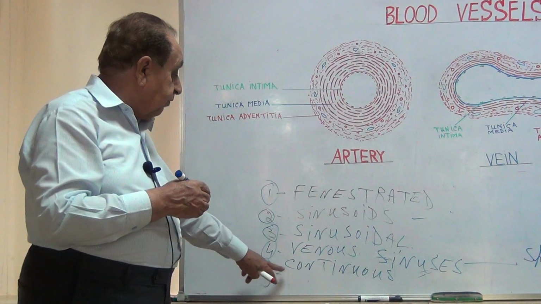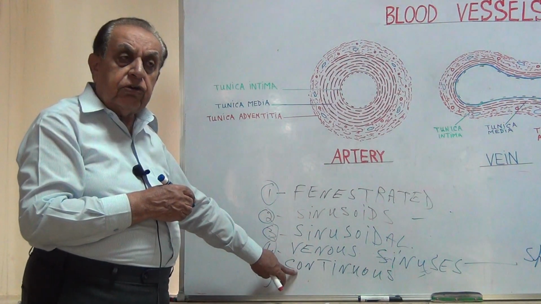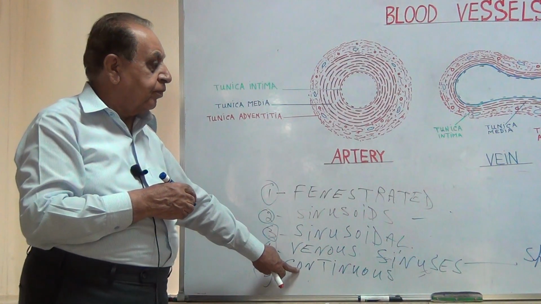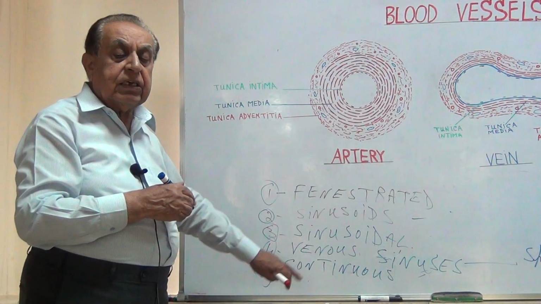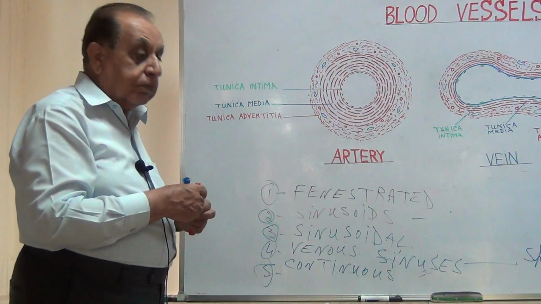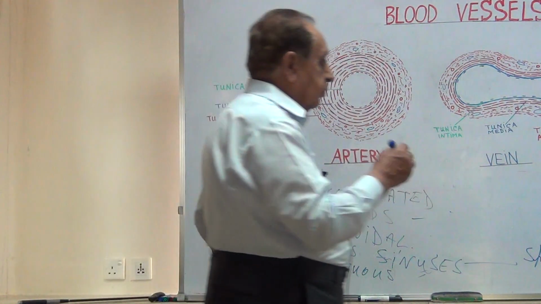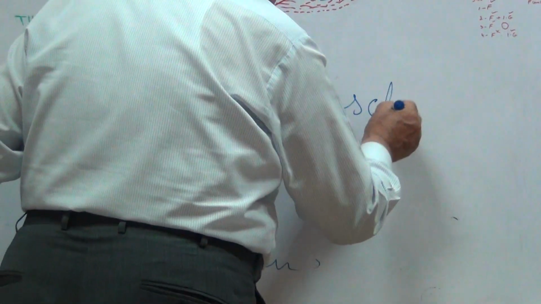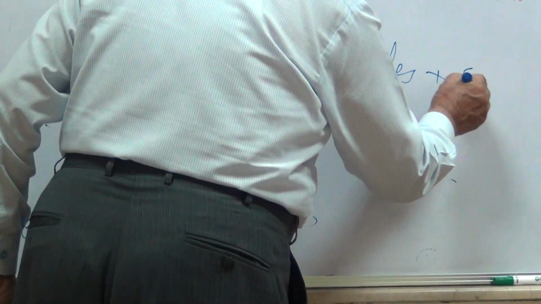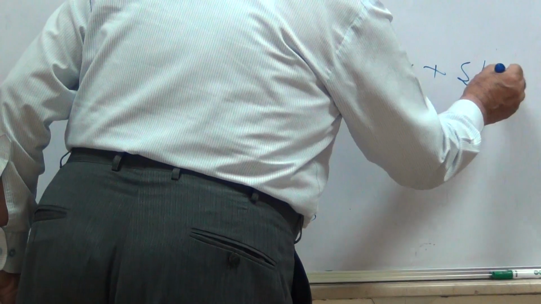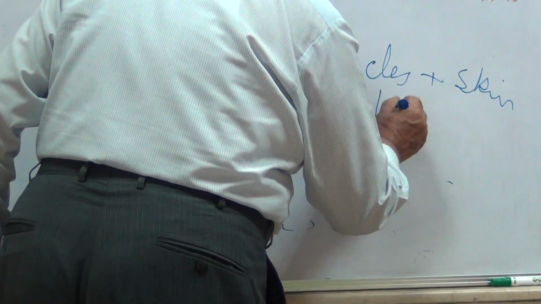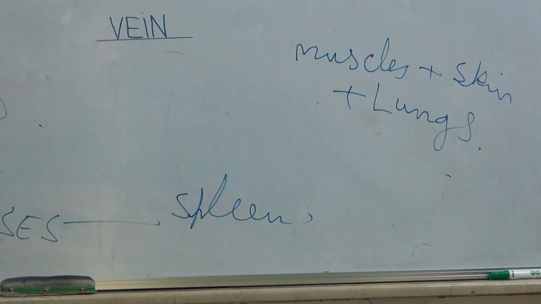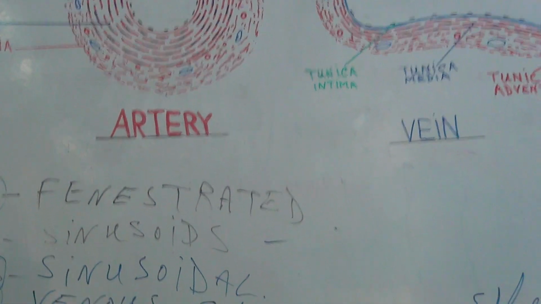These are the most common type of capillaries, and they are present in muscles, skin, and lungs. So that was briefly about the capillaries.